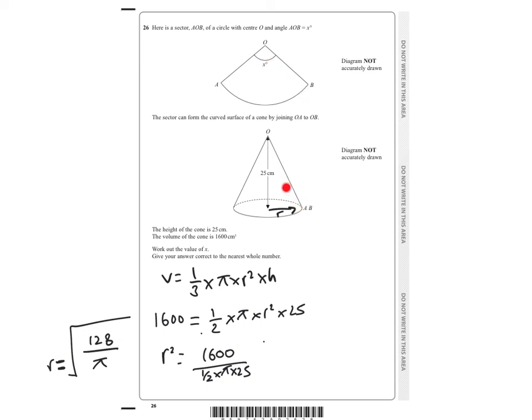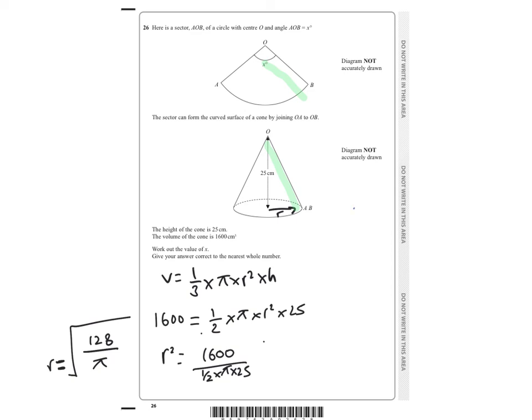So the hypotenuse, the slant of this cone, is actually the radius of this sector, which is what we need. So now we're going to use Pythagoras, because we know that this and this are equal.